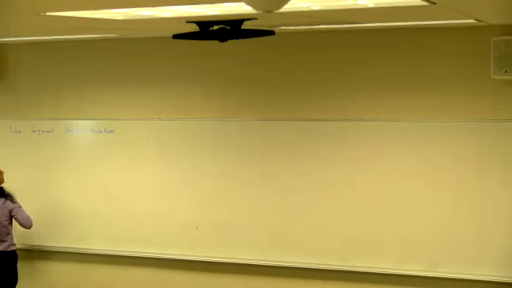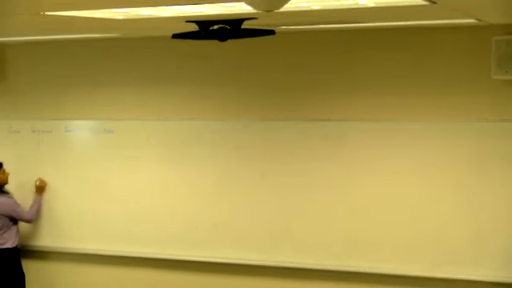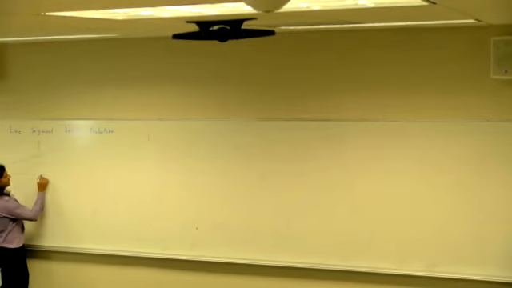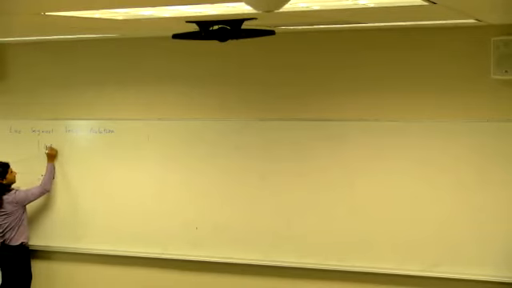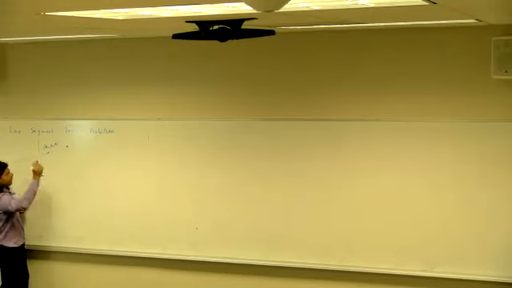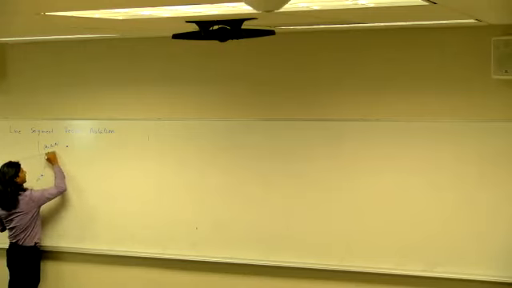Direction vector. If you recall, in order to represent a line, we started with a point right there. That is the known point x0, y0, z0, and another point x1, y1, z1.